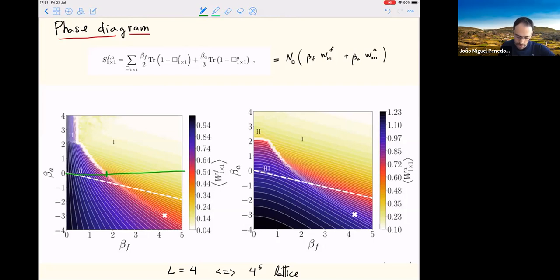And what you see is that this first order phase transition, if you now look, for example, here at beta A equals -3, the transition looks much more smooth. So what Kawai did was investigate this transition here to see if it had now become second order. And we just tried to reproduce his results with more precision.